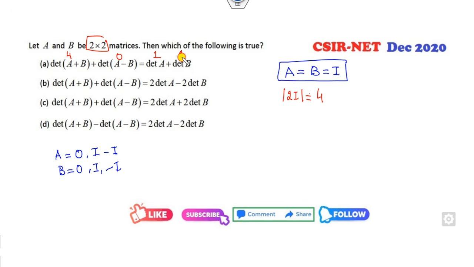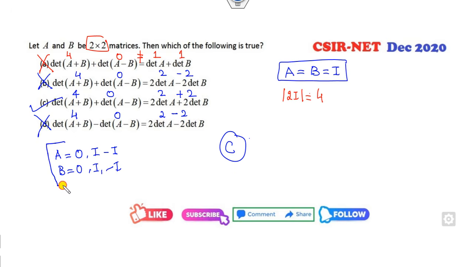Determinant of A is 1. Clearly they are not equal. Determinant is 4. Twice of this, 2 minus 2, not satisfied. 4, twice of the determinant, 2 plus 2, satisfied. 4, 2 minus 2, not satisfied. The right answer is C.